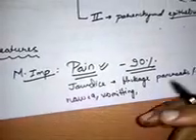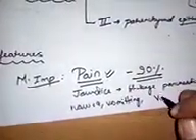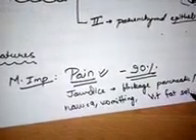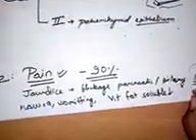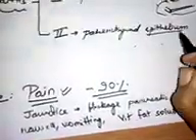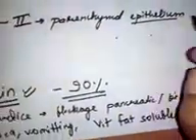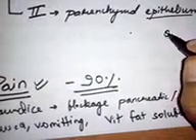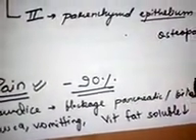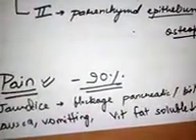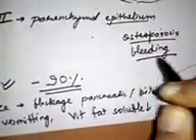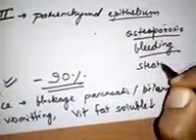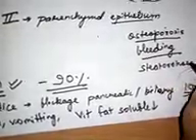Now, why does this steatorrhea occur? It occurs due to fat soluble vitamin deficiency. Now, what features will occur due to fat soluble vitamin deficiency? There will be osteoporosis due to vitamin D deficiency. There will be bleeding due to vitamin K deficiency. There will be steatorrhea due to fat malabsorption.